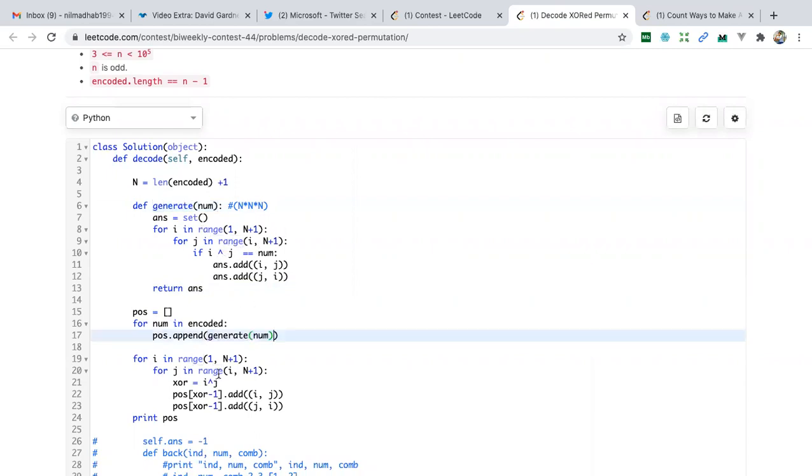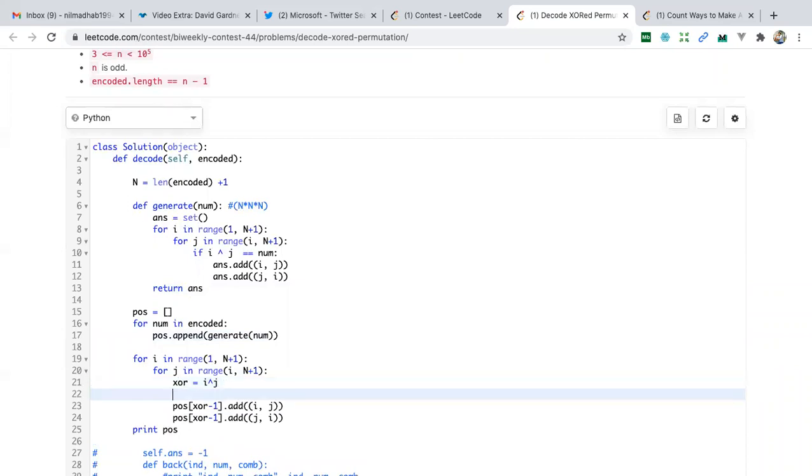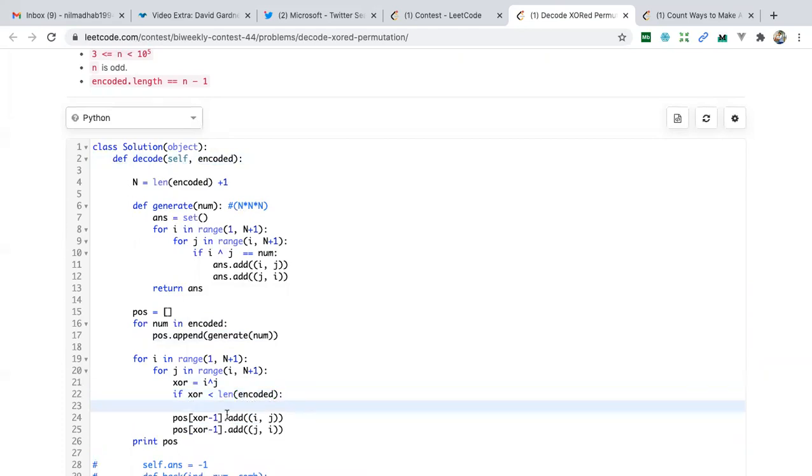Like for i equal to this and j equal to this, and if XOR is less than the length of encoded, then we can do this, right?